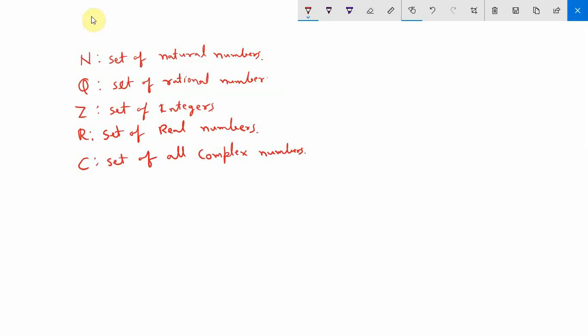So next we will see description of a set in two forms. One form is roster form or tabular form we say. Second form is set builder form. So in this we will start with description of a set.